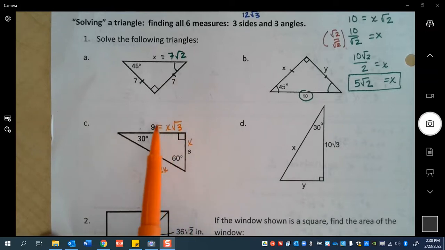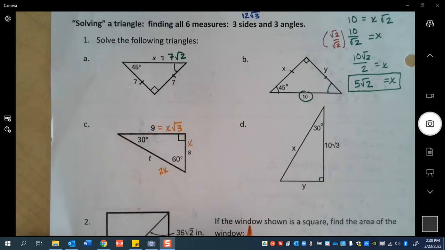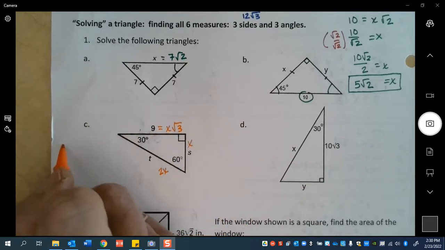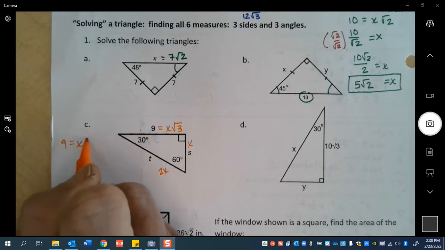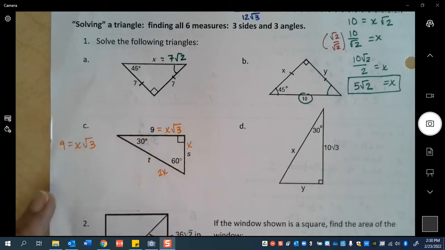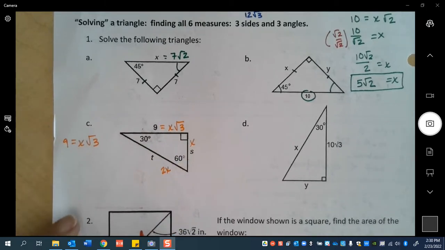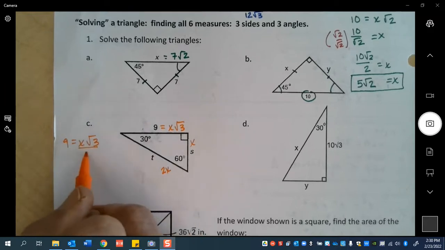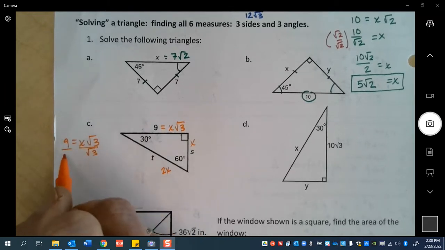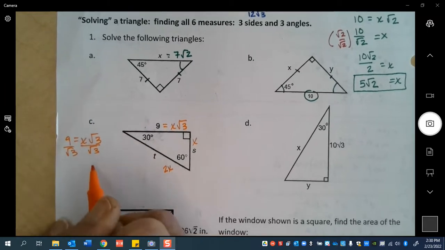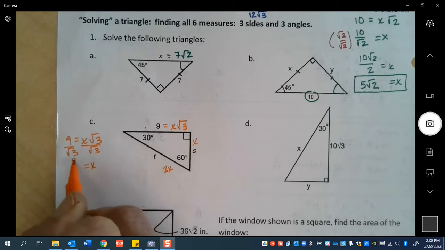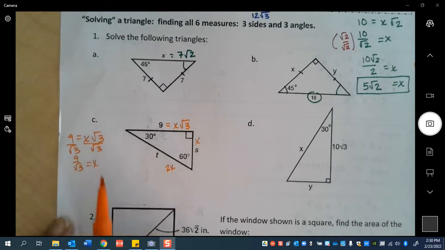There's your equation built into it right there. So if 9 is equal to x times the square root of 3, how do I solve for x? Divide each side by the square root of 3. So x is equal to 9 over the square root of 3.